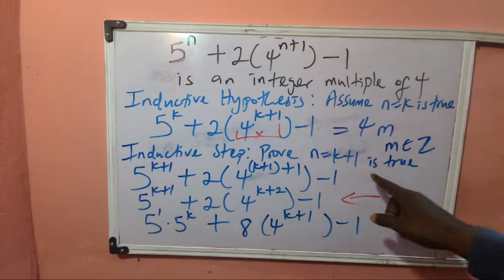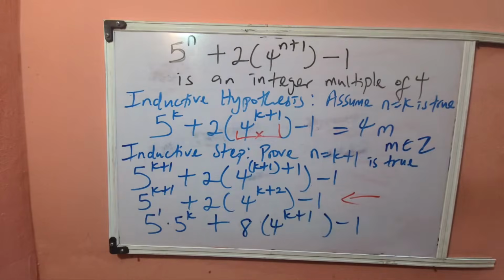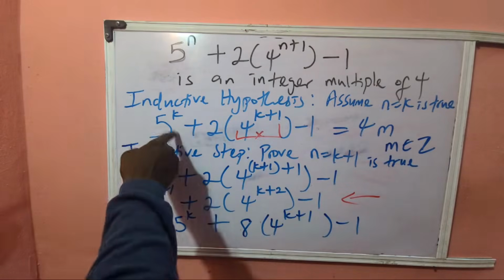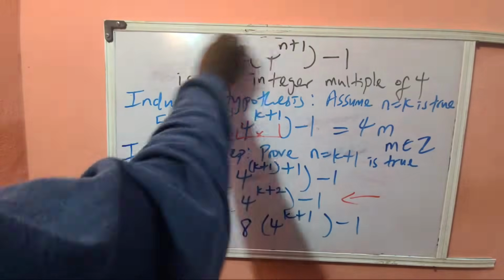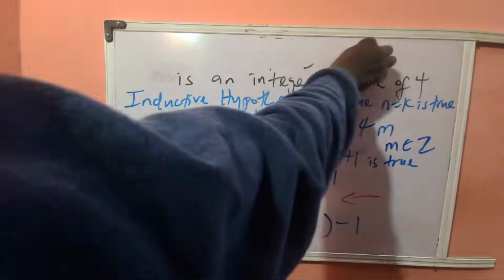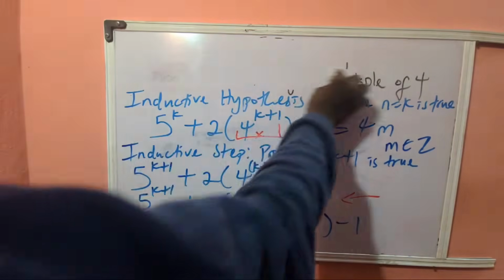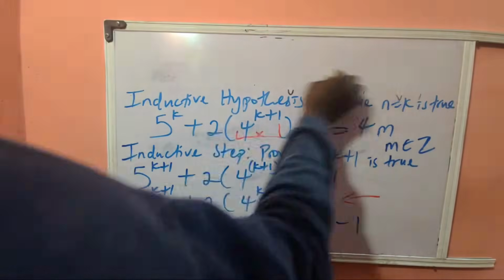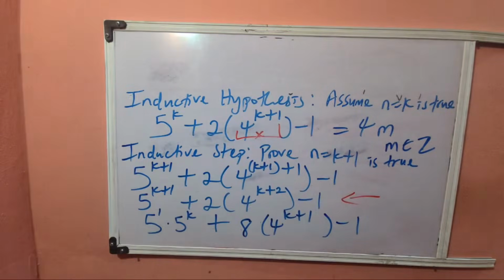Don't forget, we are trying to prove that n equals k plus 1 is true. All right, so hang on there. We want to do something next. I want to make use of our inductive hypothesis, as always, to make my proof. So from my inductive hypothesis, look at it.